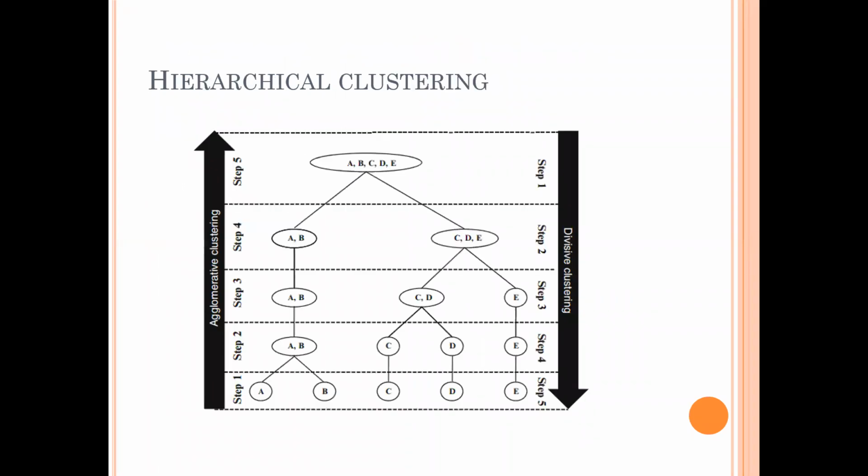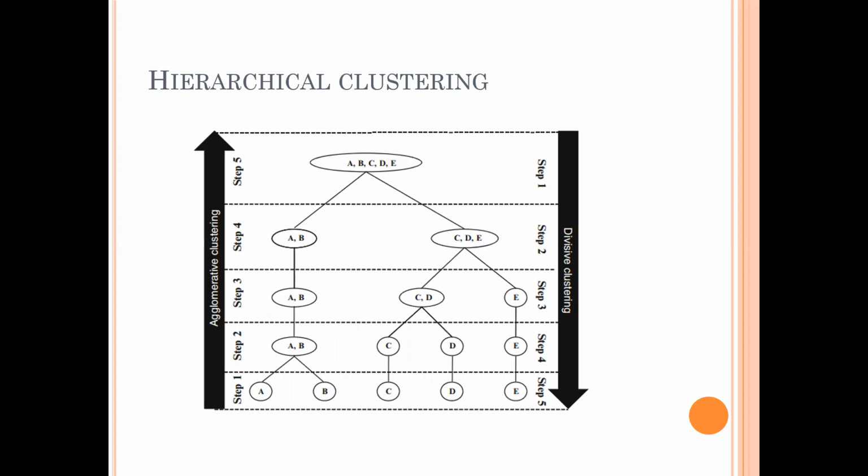So what is hierarchical clustering? Hierarchical clustering starts with all the observations that you want to cluster. Either you start by putting everyone in one cluster, and slowly you break it as per your wish, or you treat every individual as a separate cluster, and then you slowly join them.